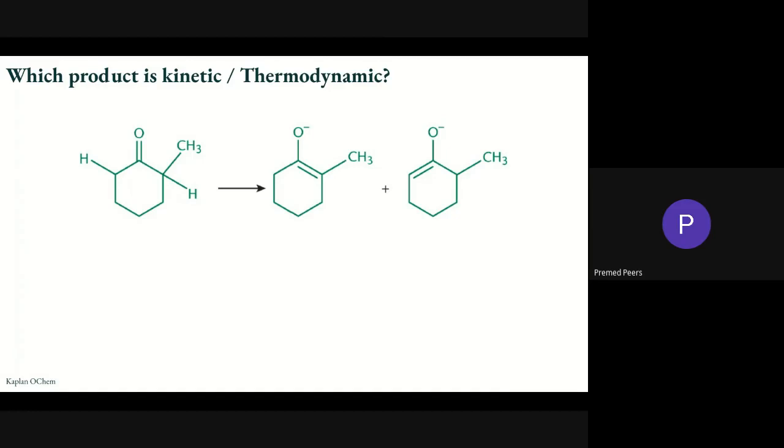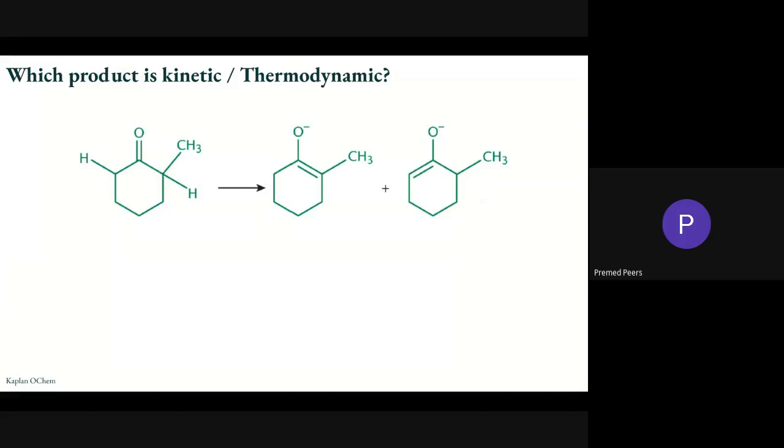So Hannah, you said that you know what they mean. When you say they, you're saying the kinetic and thermodynamic, right? Okay. Yeah, you don't know how to tell the difference. And that is what we are about to go over.